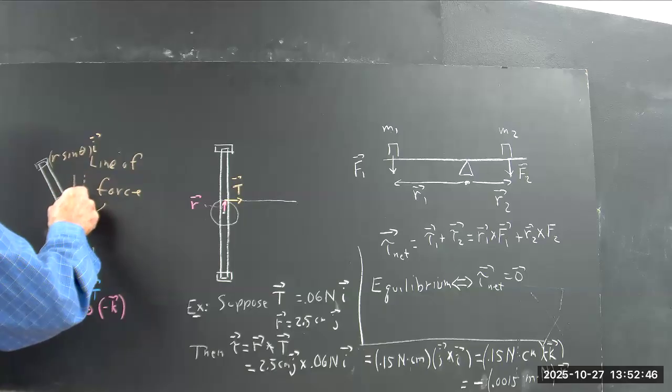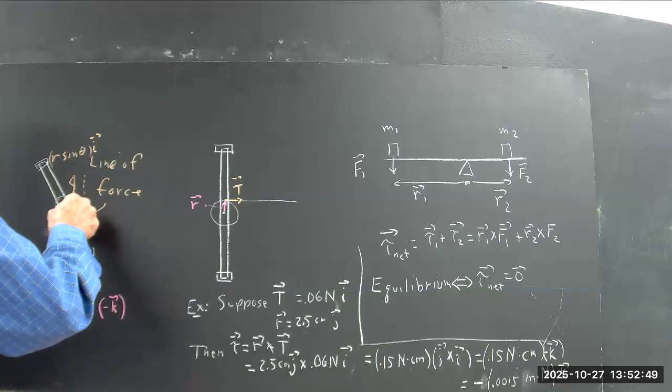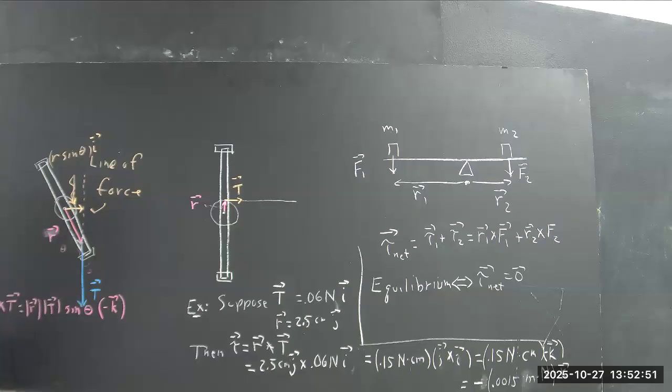So this vector down here is R sine theta times I. And if you do this crossed with this, you just got I cross J, which gives you negative K. And your magnitude of R, magnitude of T sine theta is already taken care of because of the R sine theta. So you can use the vector from your axis of rotation to the line of force perpendicular instead of using this vector.